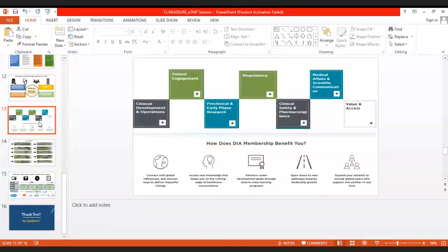Suppose the same trial is happening in India, USA and Germany, and paper TMF is being implemented in the organization, and the same document needs to be tracked in the US and Germany. How are we going to send it? There are two options. One, we send it by courier.